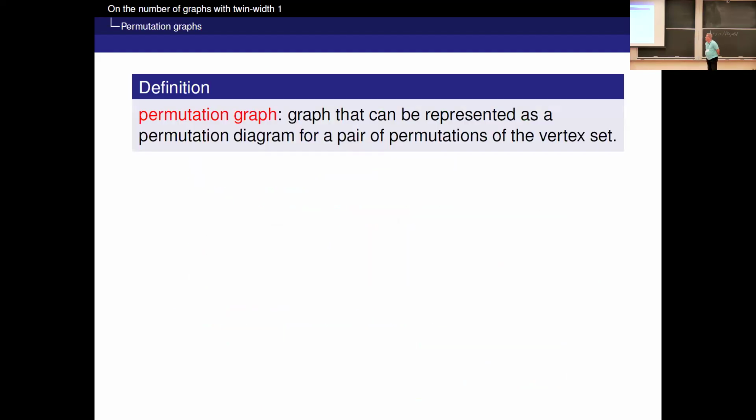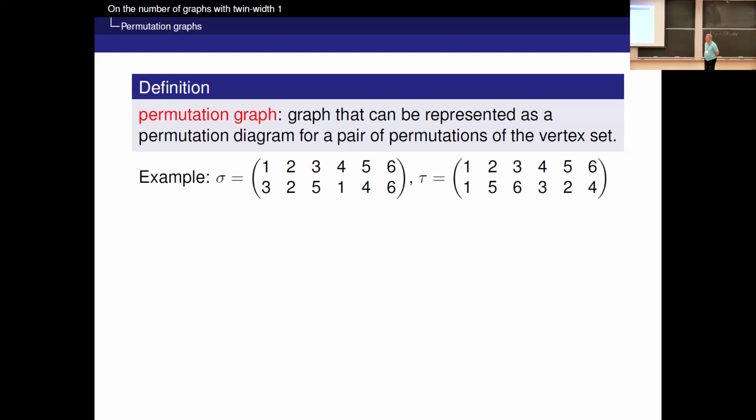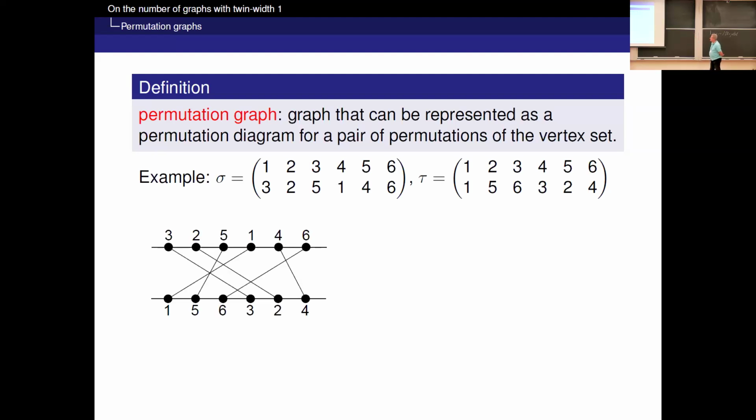So what is a permutation graph? It was already mentioned that these are graphs that can be represented as a permutation diagram. So for a pair of permutations on the vertex set, let us look at an example. Let's take two permutations on 6 elements, sigma and tau, and write in 2 lines the permutation sigma in the top line.